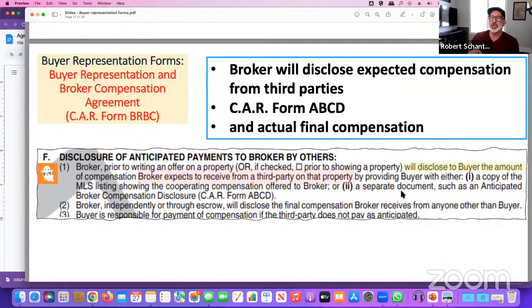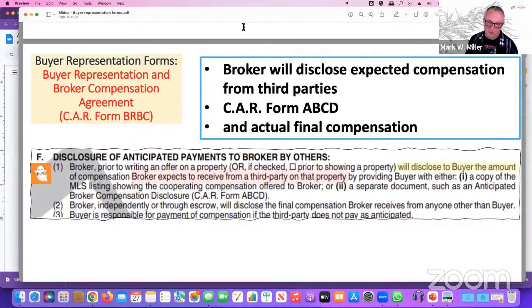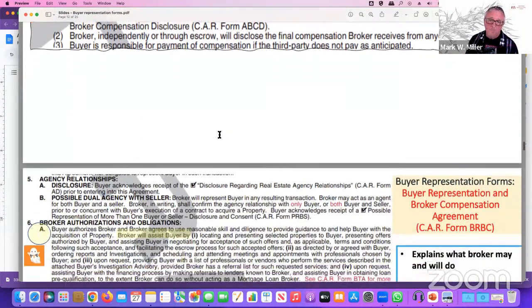So the whole thing is about transparency, to show what you as a buyer agent will get compensated for the work that you do. And it also plays into the code of ethics, in terms of agents are supposed to be transparent with their clients and explain the compensation that they're receiving. So all of these things are reasons why these forms were redesigned to make these disclosures more transparent. And this form is one way that you can do that.